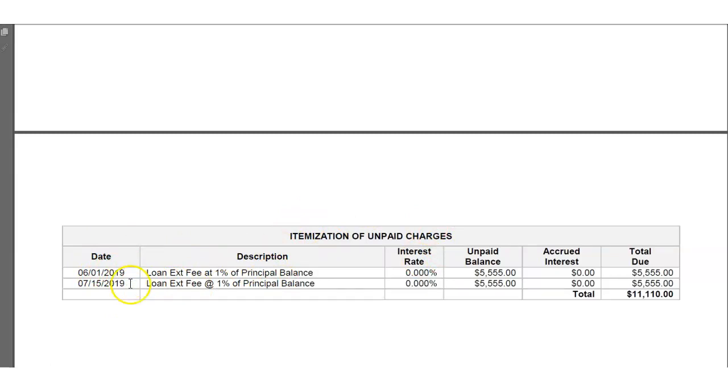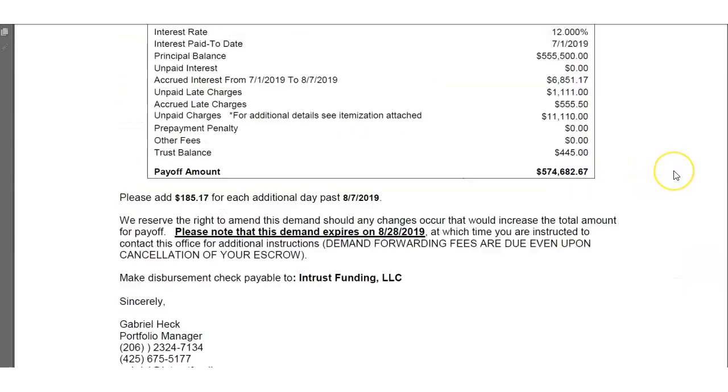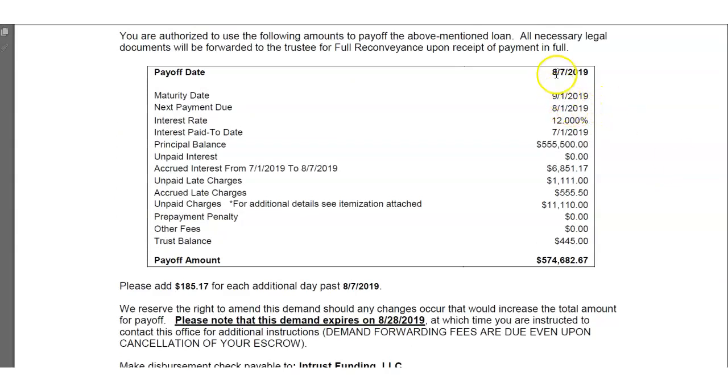So again, you'll notice that a loan extension was assessed on this one, but due to the fact that it's closing on 8/7, if it did in fact close on 8/7, we would do a per diem extension of $185 per day, because that's going to be less expensive than going with a full extension. I can explain that too if you want. It's a little tricky with the math. Just know that we try to take care of you, and we don't charge you for the full extension if you don't use the full extension, basically.